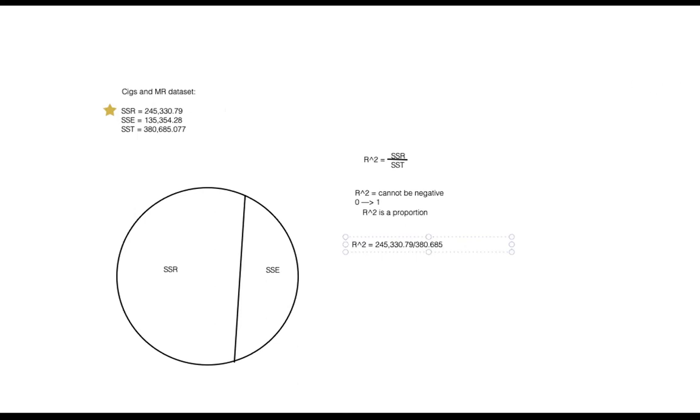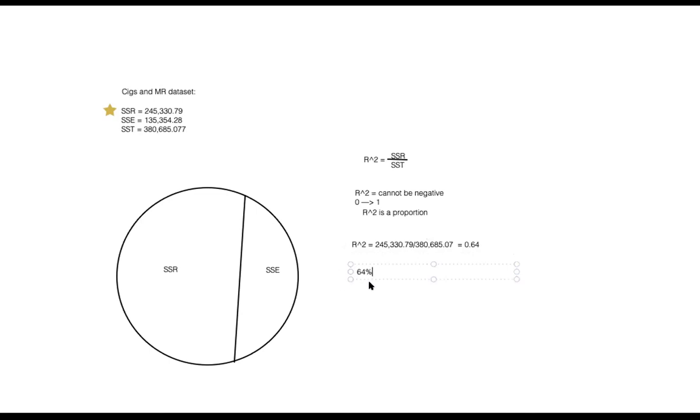Oh, it's 0.7. That's the mistake. It's 0.7, not 0.77. So we do this calculation and we find 0.64. That is the R squared value. This is a proportion, so now you can simply turn it into a percentage: 64%. Same thing.